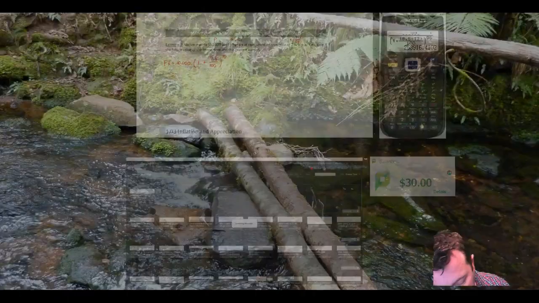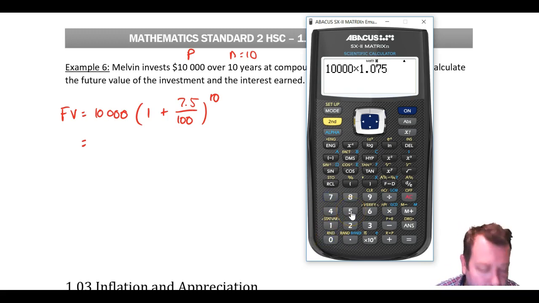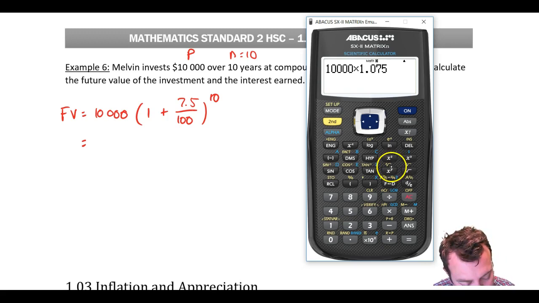So my future value, easiest calculation we've done for a while, is 10,000. Now, because I can do some of these things in my head, 1.075, 7.5 over 100 is 0.075, and I can add 1 to that pretty easily. 1.075 to the power of 10, I can't do that easily.